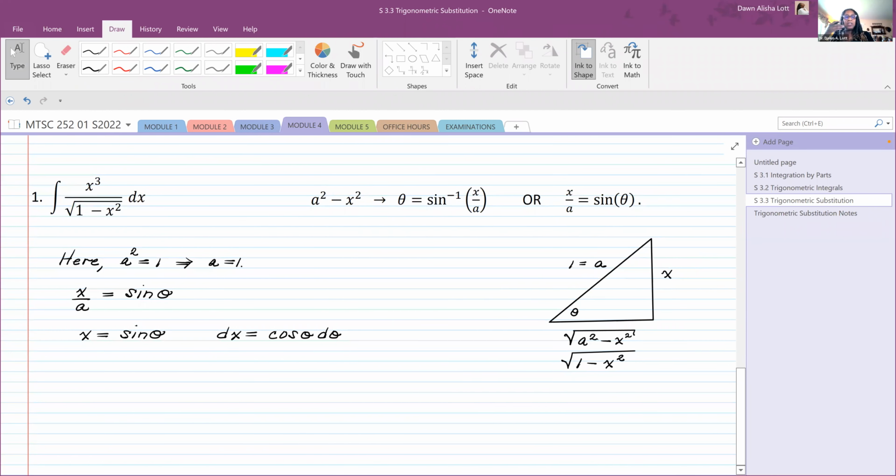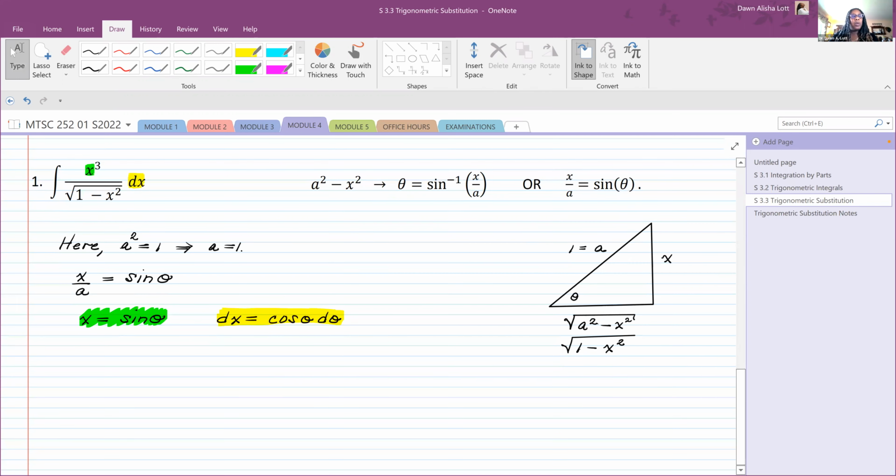All right, well, that's good for me because now my dx is taken care of. Here's dx. Here's x. So the only other thing I need to figure out now is what is the square root of 1 minus x squared.